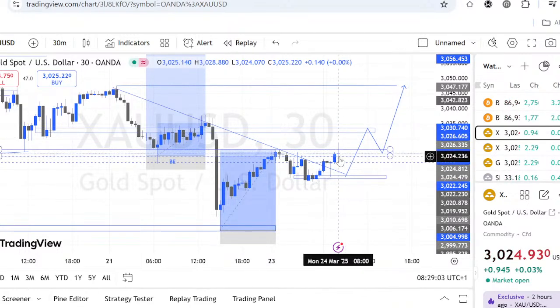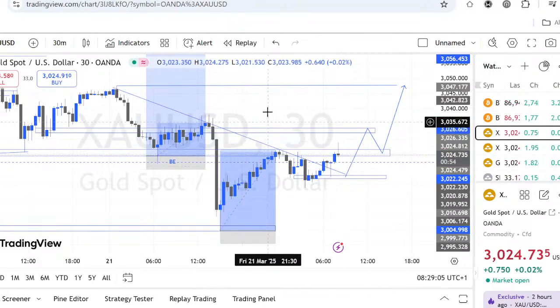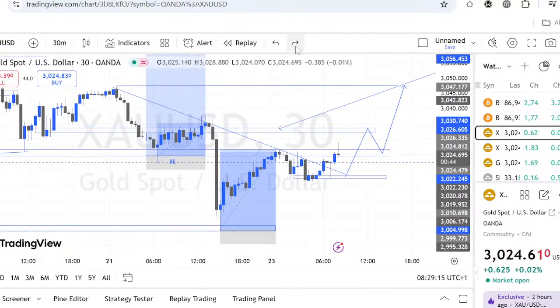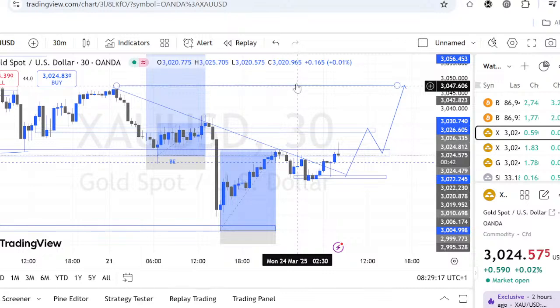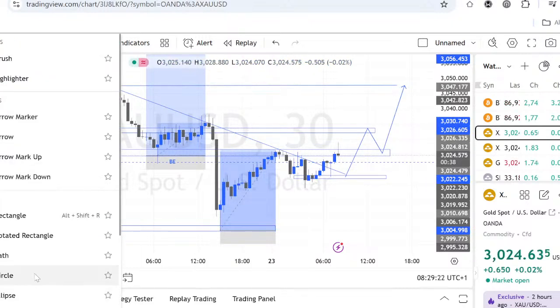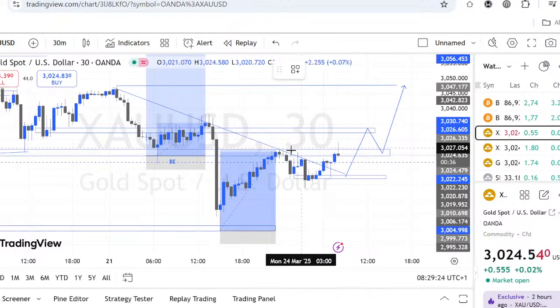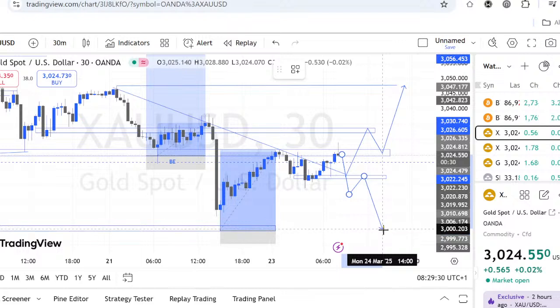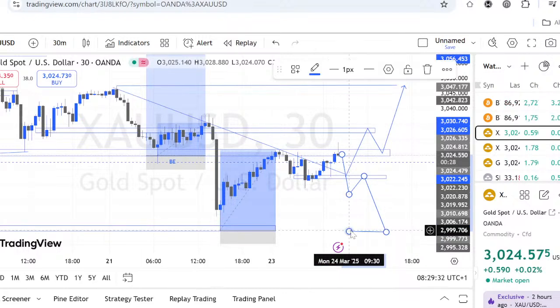So possibly we might see this, respecting this as a double top and then coming back down here and then doing this and down back to this liquidity.